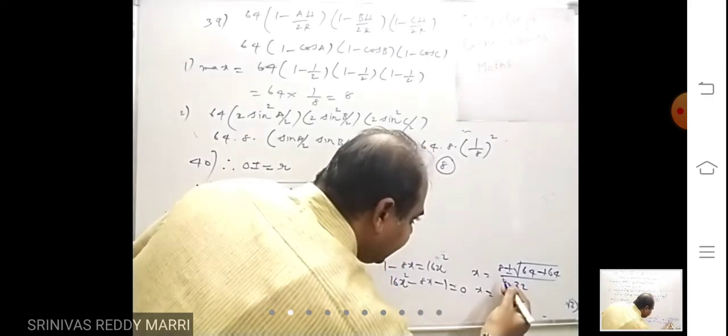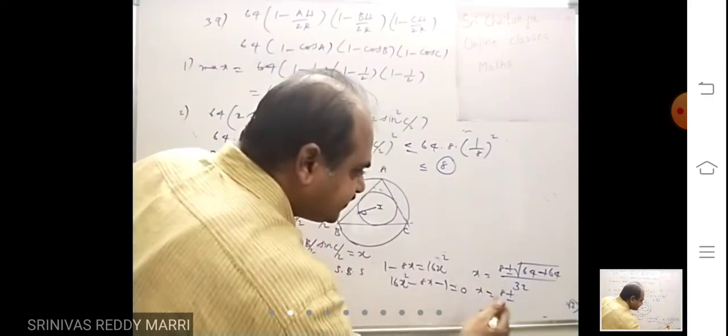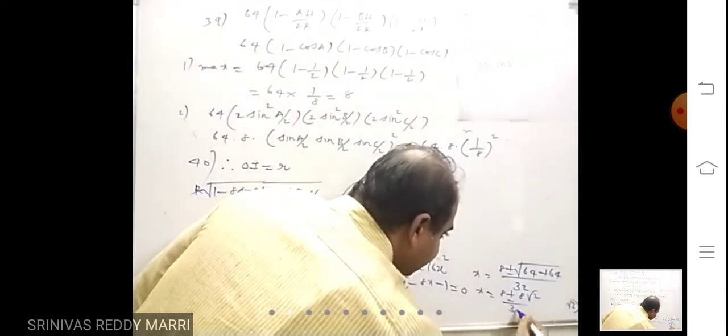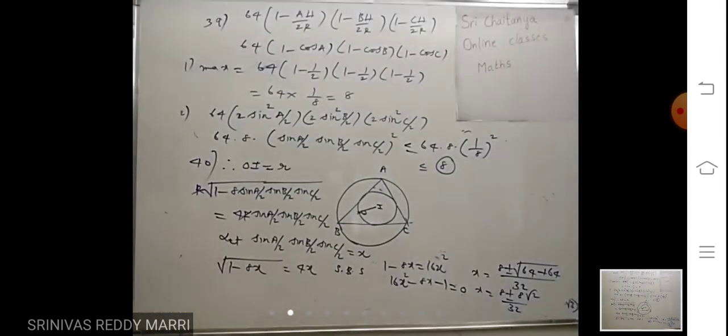Taking 64 common, you get 8 root 2 divided by 32. Now write what is the x value.